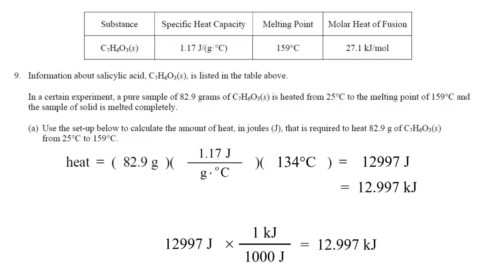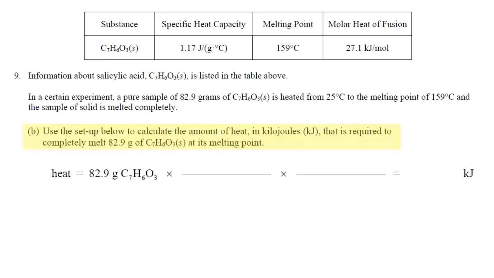I'm going to move on now to part B of this question. So we've already heated the sample, but now we are going to melt the sample. So part B says use the setup below to calculate the amount of heat in kilojoules that is required to completely melt 82.9 grams of salicylic acid at its melting point.